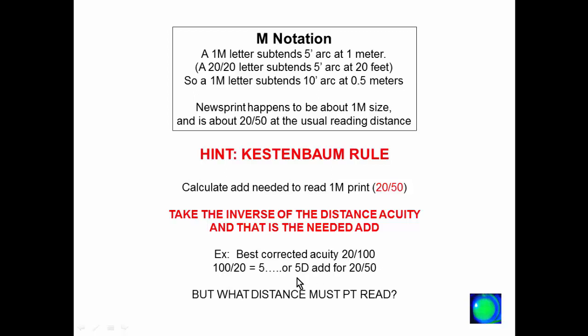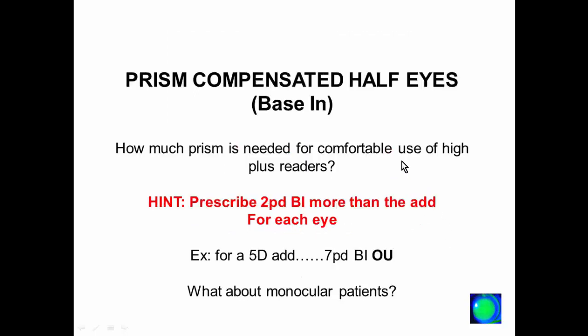In this case, 20/100 would be 100 divided by 20 equals 5, and 1M print happens to be about 20/50 vision, which is about what magazine print is. So if you want your patient to read magazine print and they have low vision, you simply take the inverse of the acuity, and that is the power of the magnifier you need to use.